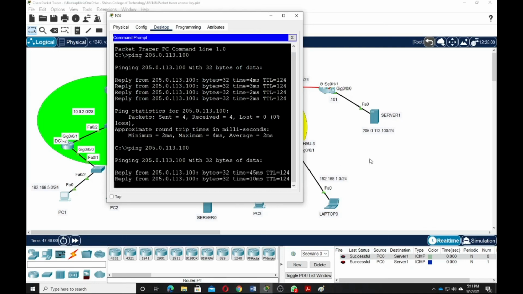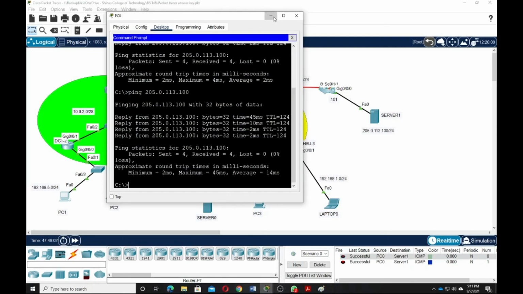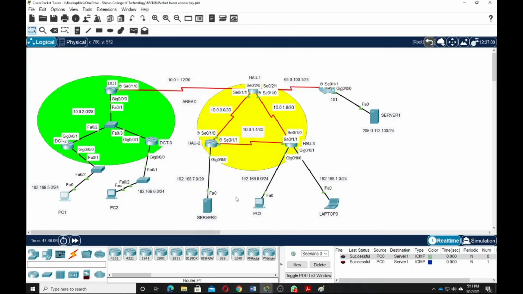Okay, so that means there is communication out to all the routers. So if I'm going to put a simple PDU here, and it was successful. Okay, so that means the OSPF routing domain is successfully configured, and they are now a converged network, communicating to each network. Okay, so that will be the solution for the practical exam.